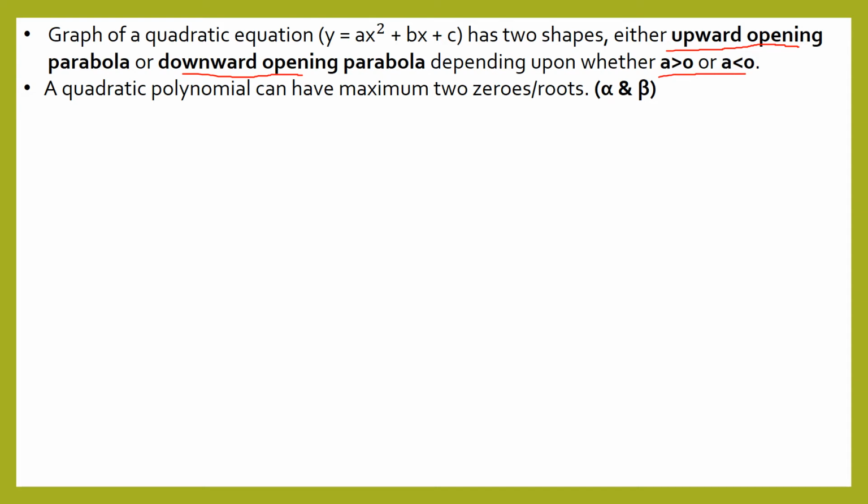If the value of a is positive, then it will be upward opening, and if the value of a is negative, then it will be a downward opening parabola. Also, the quadratic polynomial can have a maximum of 2 zeros, which are represented as alpha and beta.